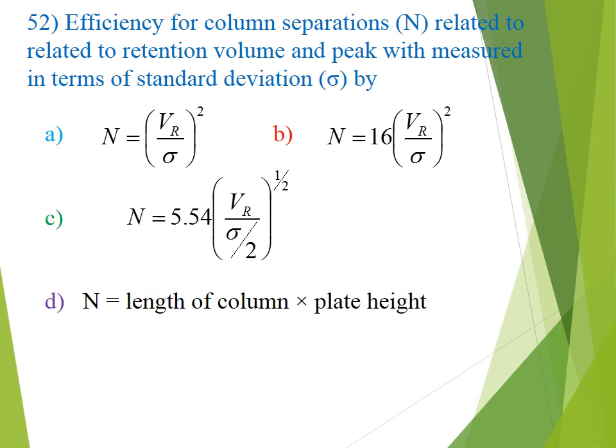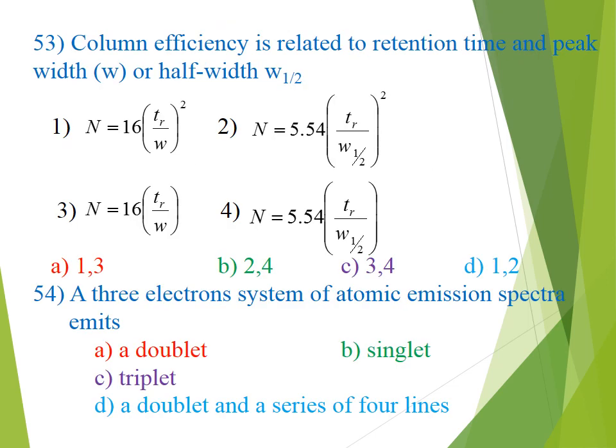52. The efficiency of the column separation N is related to retention volume and peak width measured in terms of standard deviation. Here the correct option is A, N equal to VR by sigma whole square. A is the correct answer. 53.